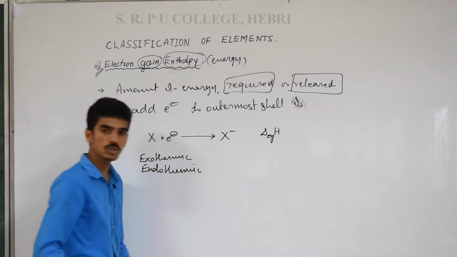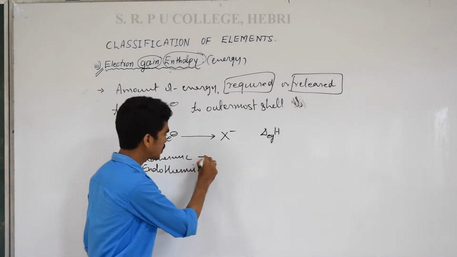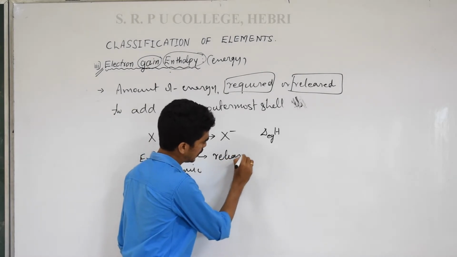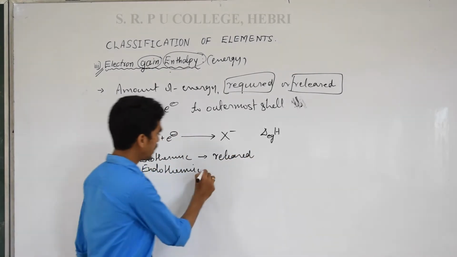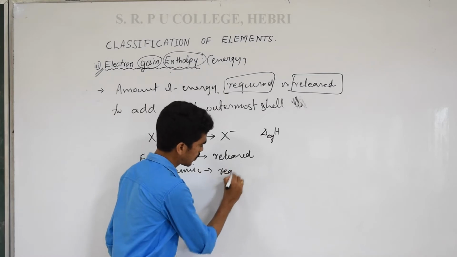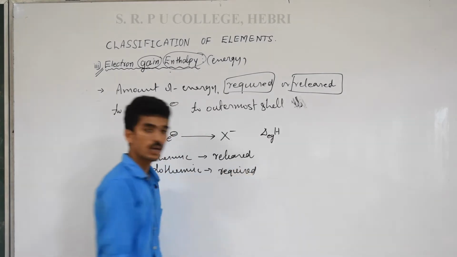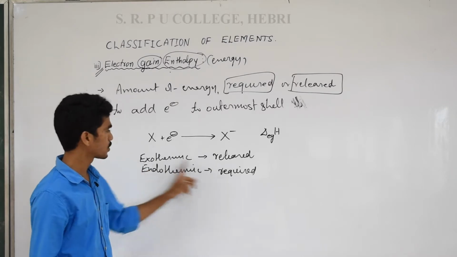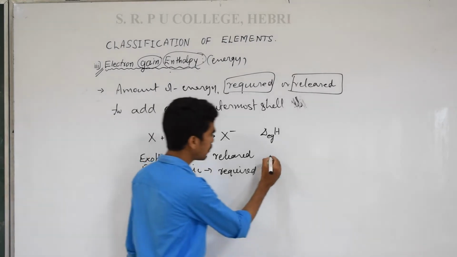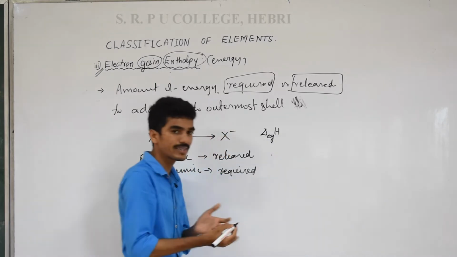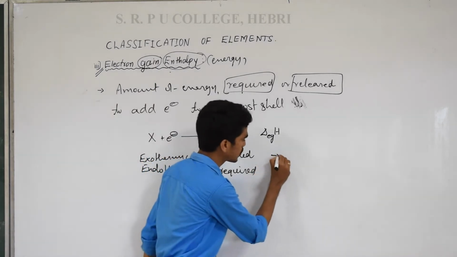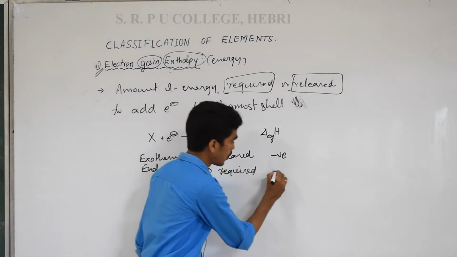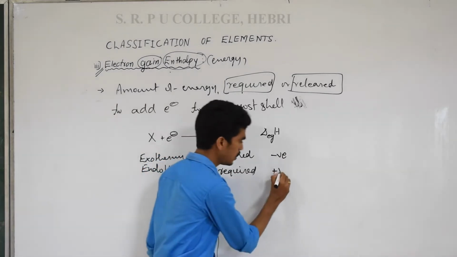What is the meaning of exothermic and endothermic? Exothermic means released energy. Endothermic means required or absorbed energy. Exothermic means energy release. In terms of joules, released energy should be negative. Required energy is obviously positive.